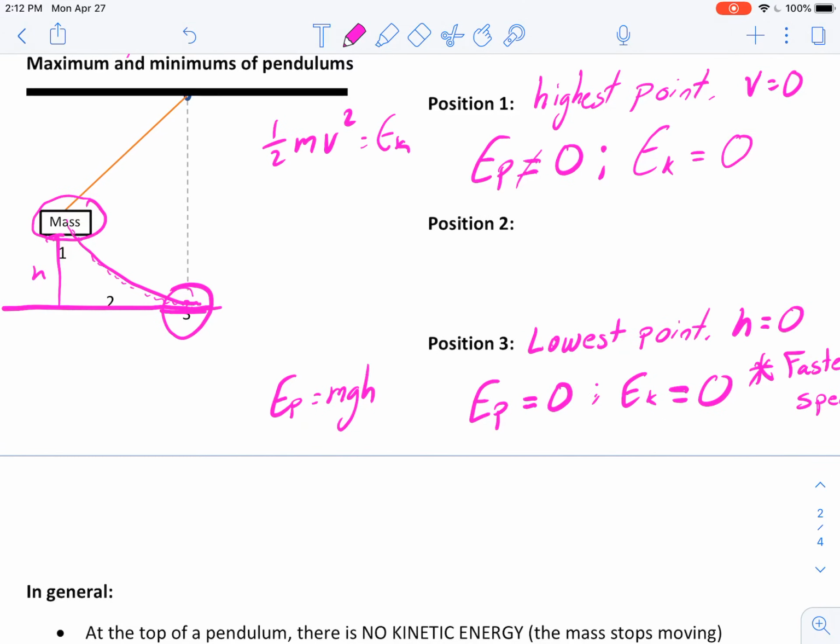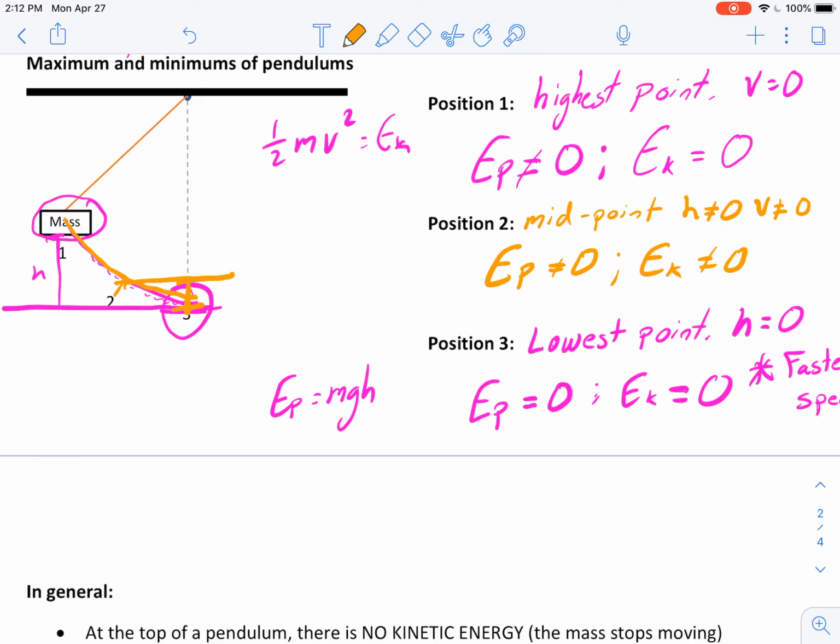Now if we move to position 2, which is here, well, it's in the midpoint or somewhere in between. Our height is clearly not 0, and it's moving because it's on the way down. So your speed does not equal 0, which tells you EP does not equal 0, and EK does not equal 0.